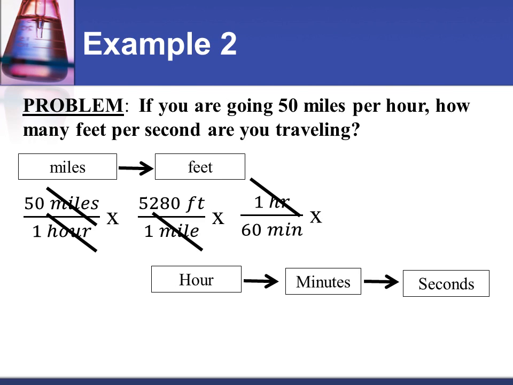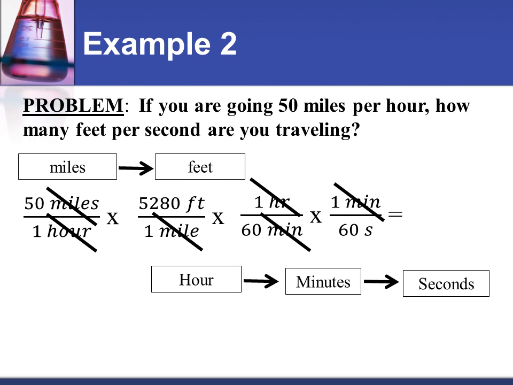What I'll have to do is use the equivalent statement. 1 minute equals 60 seconds. Now minute in the denominator of the third factor needs to cancel with minute in the fourth factor. So in the fourth factor I have to have minute in the numerator. So it's going to be 1 minute over 60 seconds.